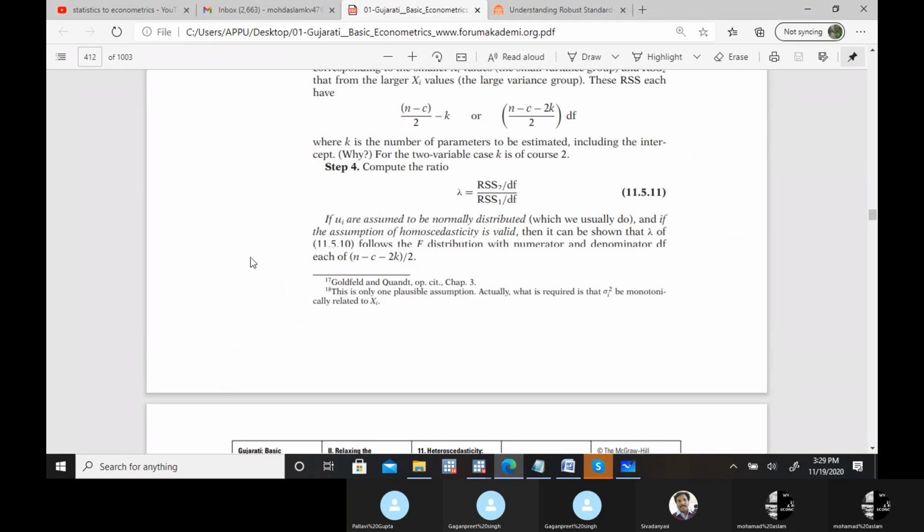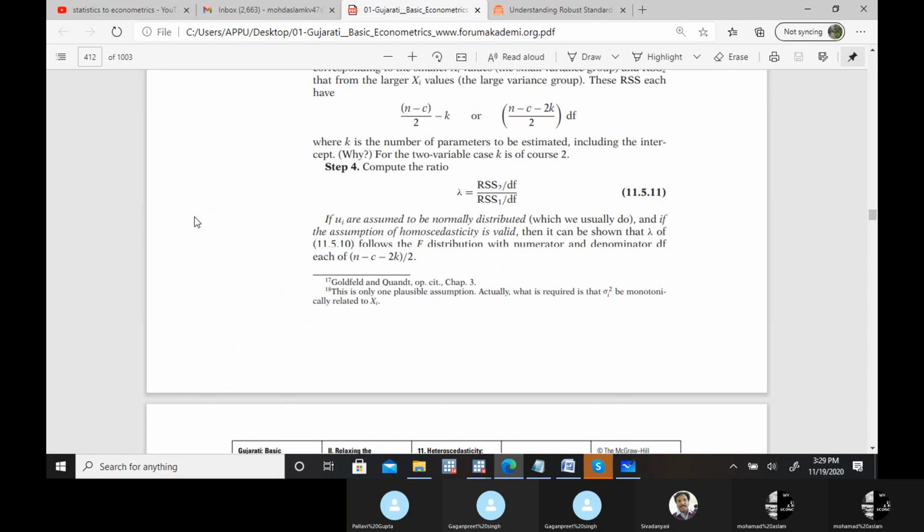Let's see what they have done here. Compute this ratio. I would say it's the same as the F ratio. Divide them with their respective degrees of freedom. Here the degrees of freedom are n minus central omitted values, divided by 2 because we divided this group in 2 different parts.